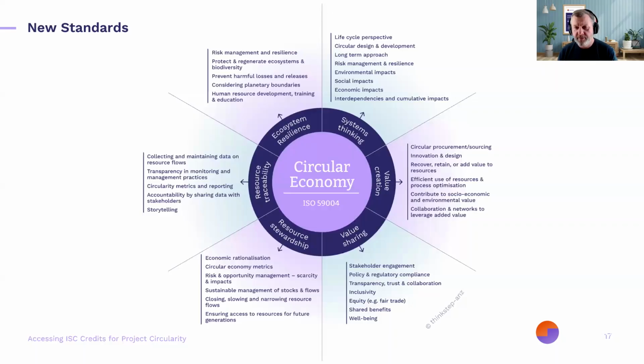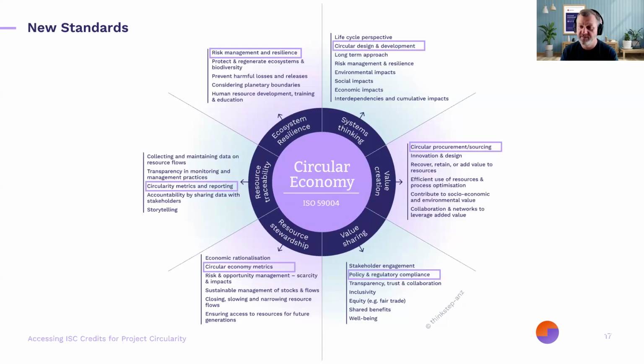Now, in the context of this, we also have a series of new standards that have been published this July, one of which is ISO 59004, which sets out the principles for a circular economy. Within this standard and within the 6 principles that are outlined there, the need for circularity metrics comes through in each of those principles.